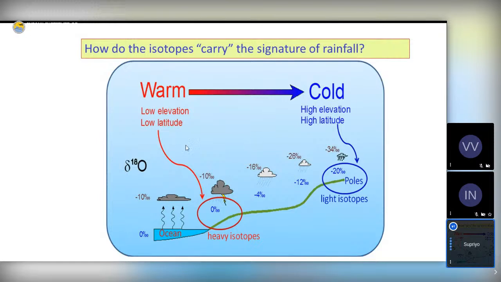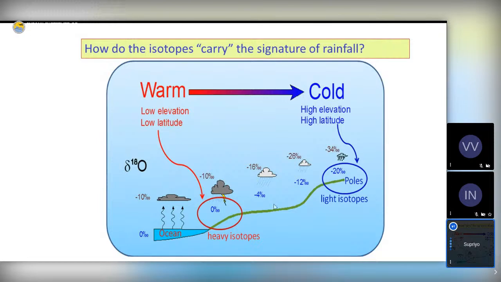In general, when it rains very heavily, the isotopic composition will be lower, continuously depleted. And this is the basic premise of rainfall reconstructions. So that means the heavier the rainfall, the lower the isotopic values.